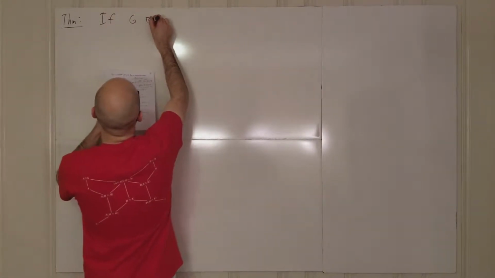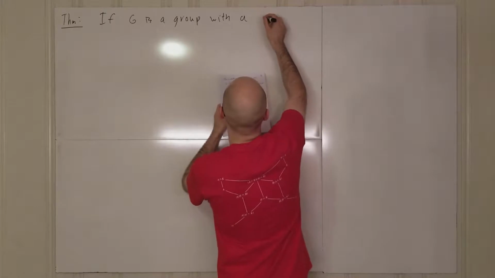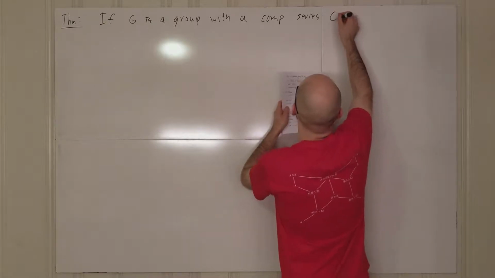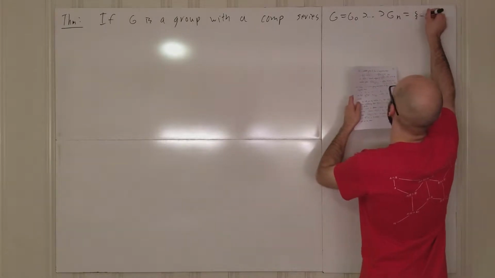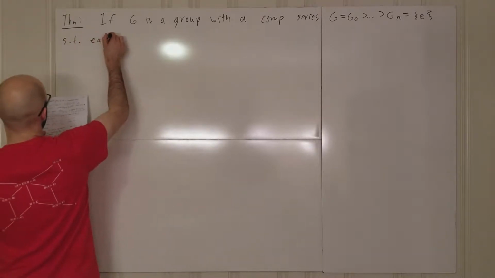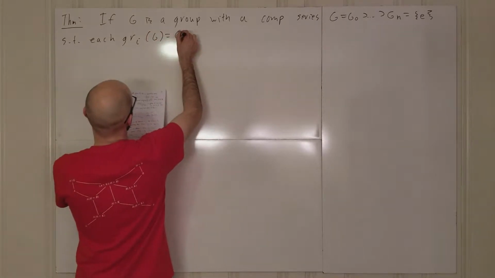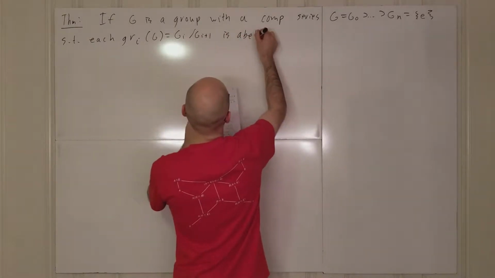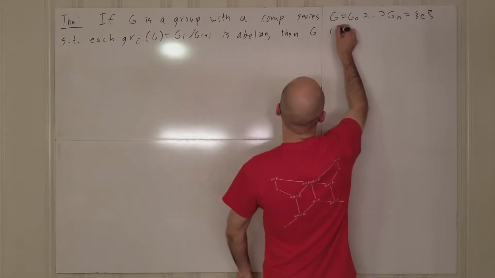If G is a group with a composition series G_0 going all the way down to G_n, which is E, such that each graded piece, G_i mod G_{i+1}, is abelian, then G is solvable.